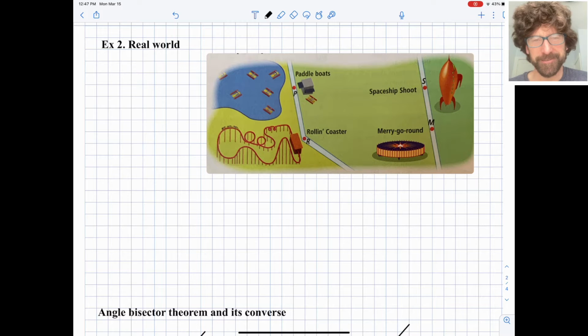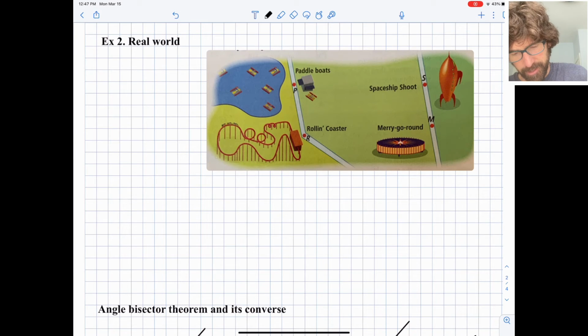Maybe you're building a t-shirt shop, and you want to sell t-shirts in a place that's accessible to people who are doing paddle boats and also doing the merry-go-round. So you want the t-shirt shop to be equidistant to people using the paddle boats and using the merry-go-round. That doesn't mean it has to be exactly halfway in between. We just know that it has to be equidistant.